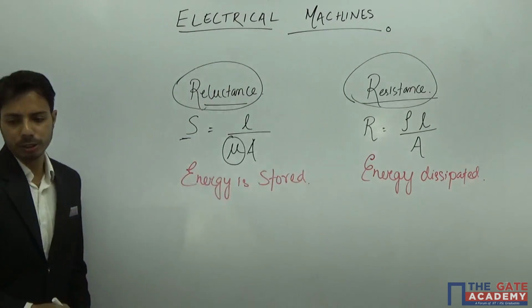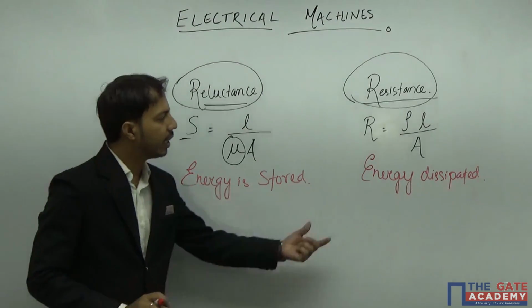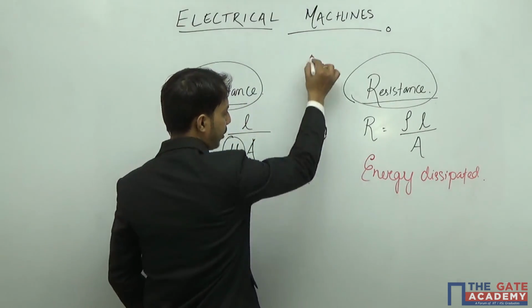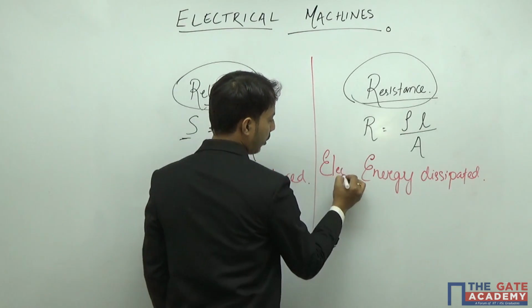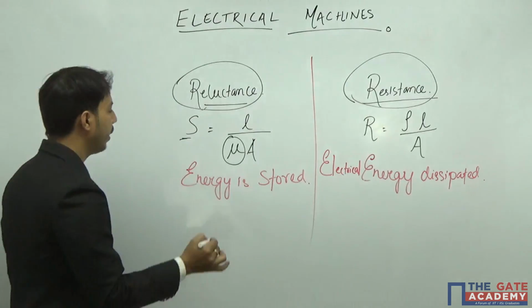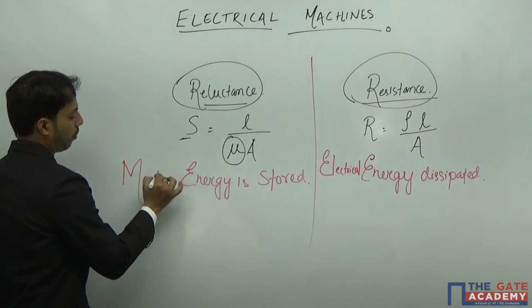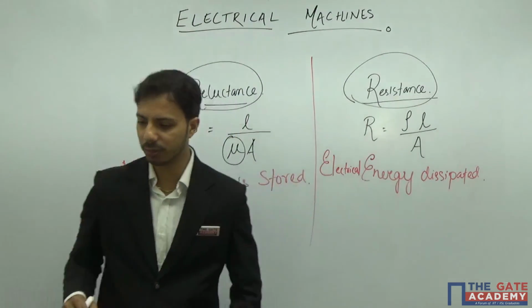Here, electrical energy is dissipated, since it is an electrical circuit, so you can mention electrical energy. Here, magnetic energy is stored. Okay, this is important.